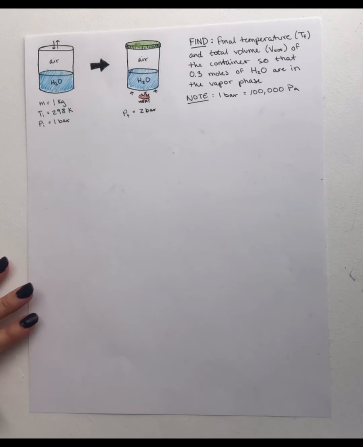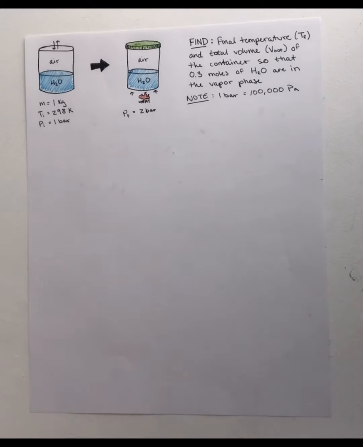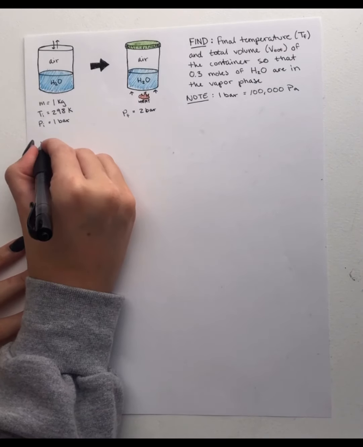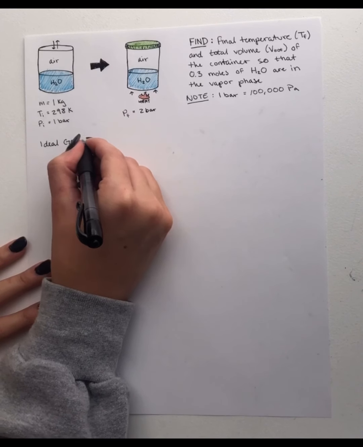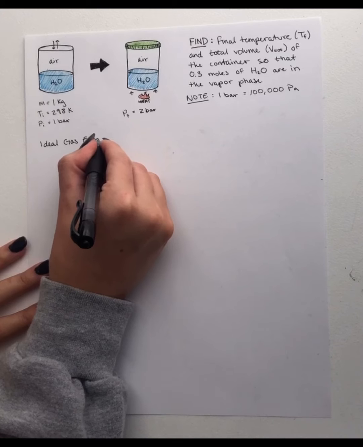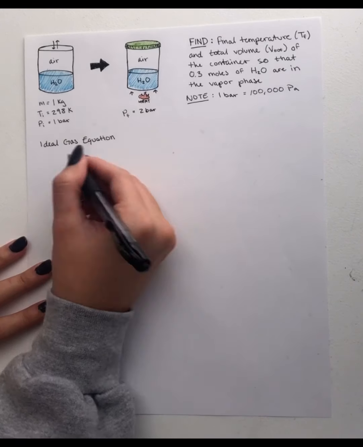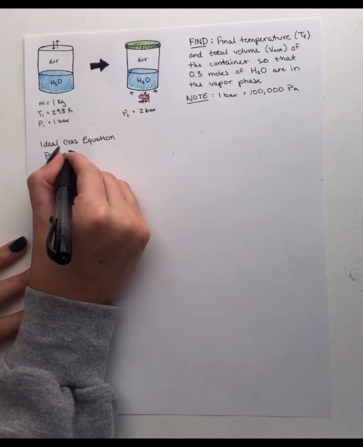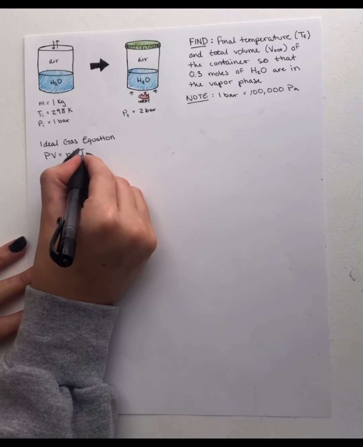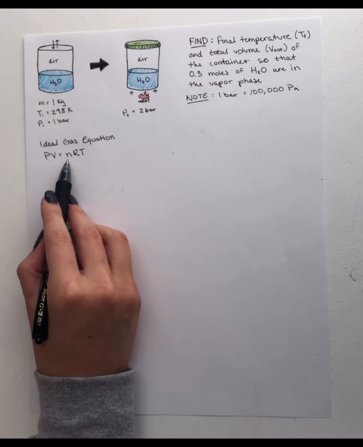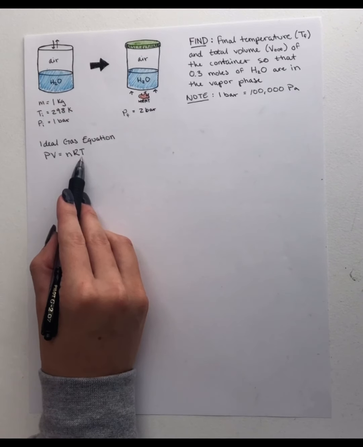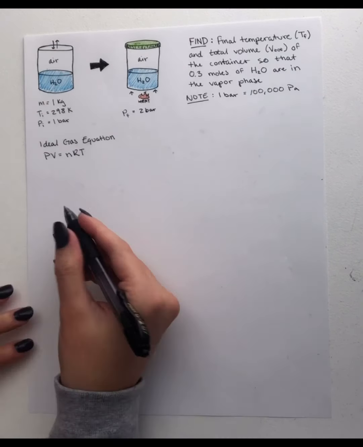Okay, so the two equations that we're going to base all of our working on are, firstly, the ideal gas equation, and most people know this one. It's PV equals nRT, where R is our gas constant, n is the number of moles, T is temperature, V is volume, P is pressure.